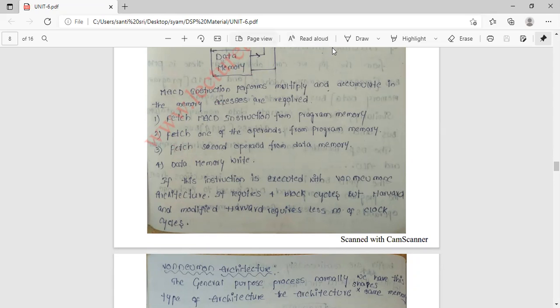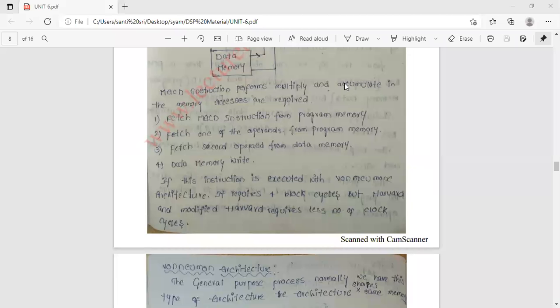This is executed with the Von Neumann architecture. It requires 4 clock cycles, but the modified hardware requires fewer clock cycles.